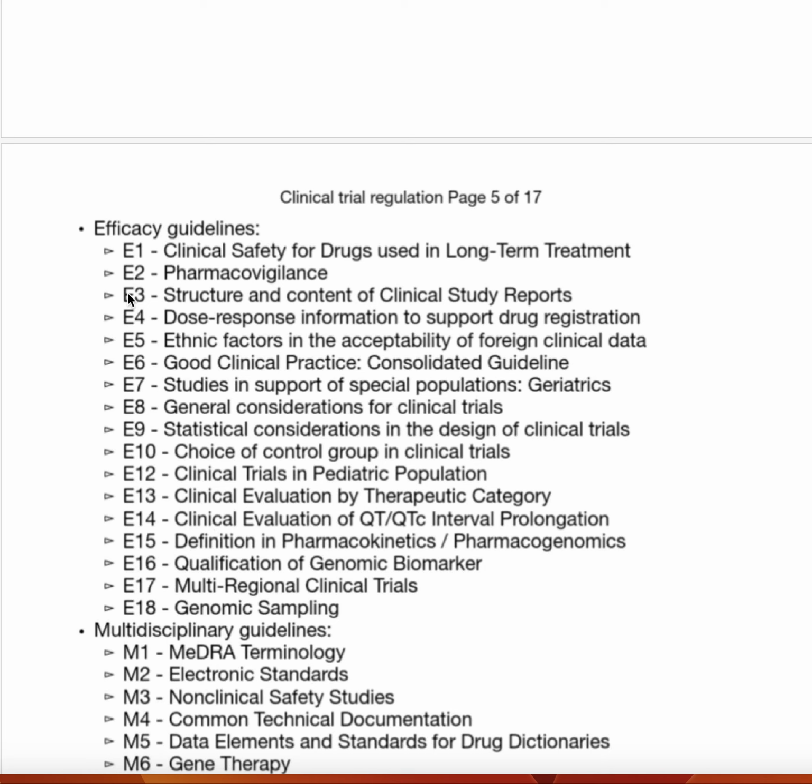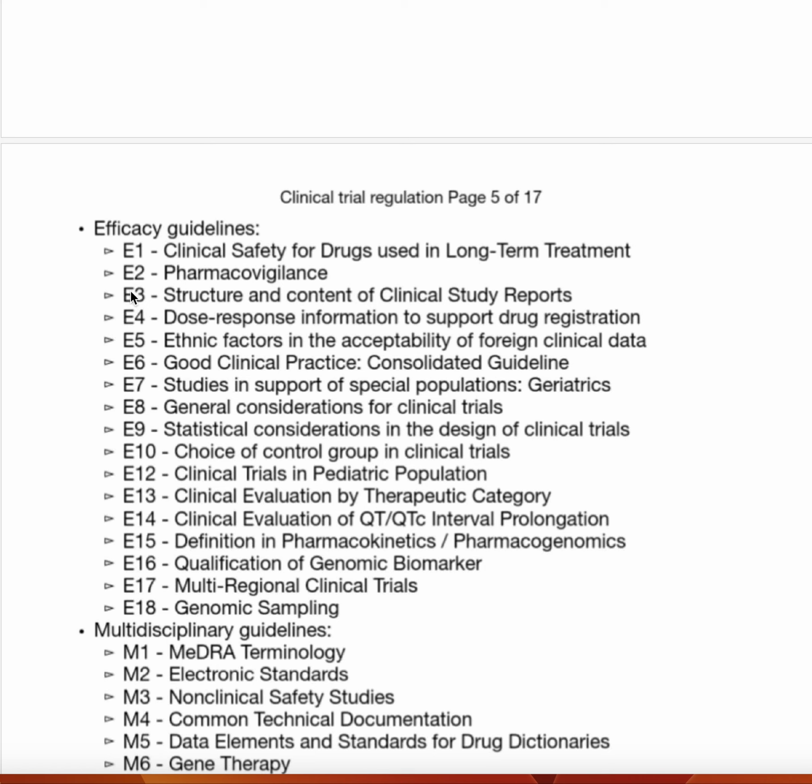And now we have the efficacy guidelines, like how these treatments work, and we have 18. E1 is clinical safety for a drug used in long-term treatment. E2 is pharmacovigilance, which is so important.